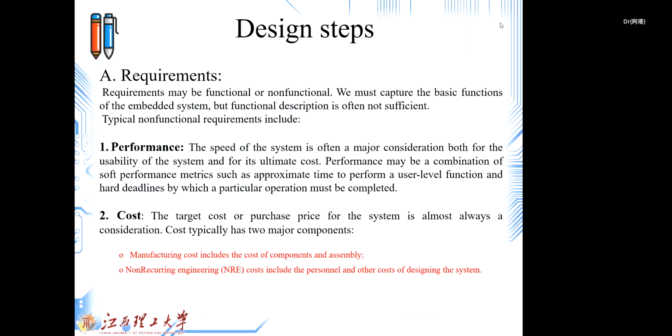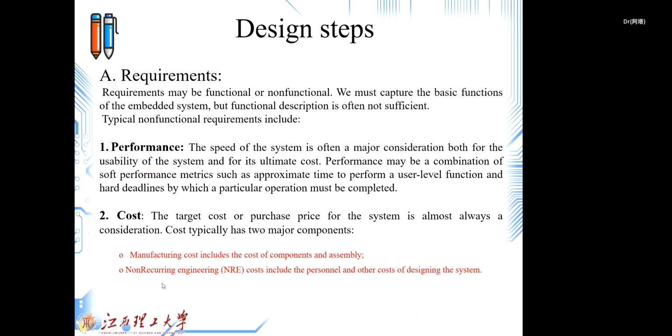For some freshers like you, target cost is not simple. Even sometimes for me, it's not simple to estimate the target cost. But anyway, this is the thing that you should see. These costs include the manufacturing cost, which includes the cost of the components and assembly.